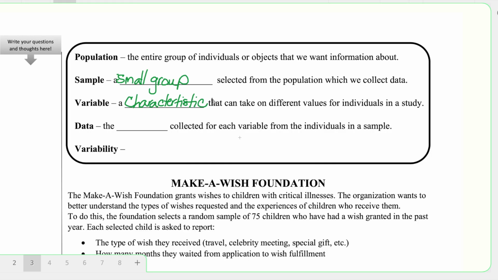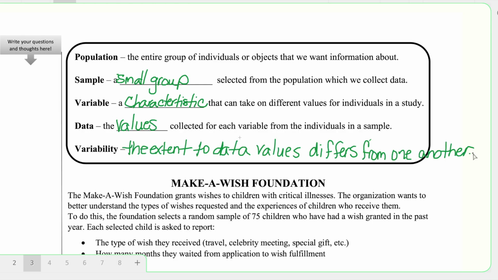So that was like the age and the number of bars purchased in the study. Data is the values collected from each variable from the individuals in a sample. Variability is the extent to which data values differ from one another.